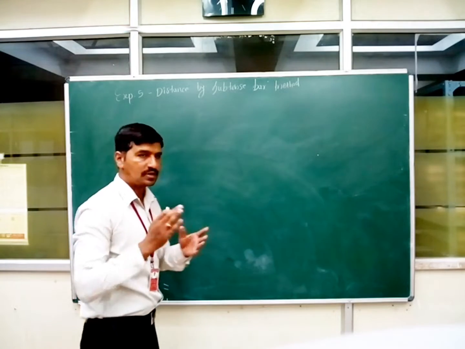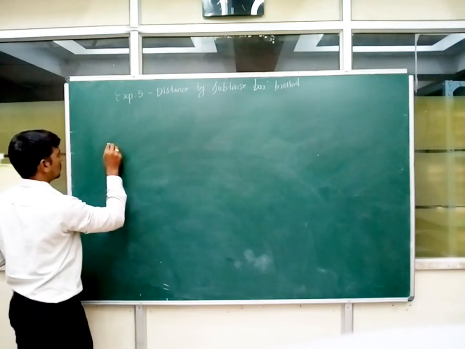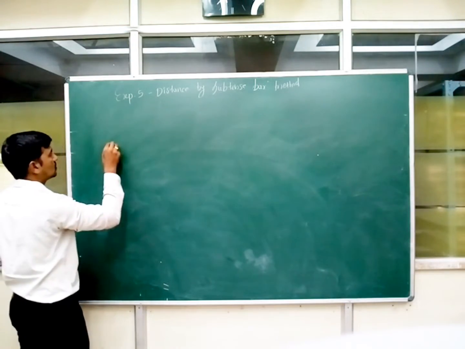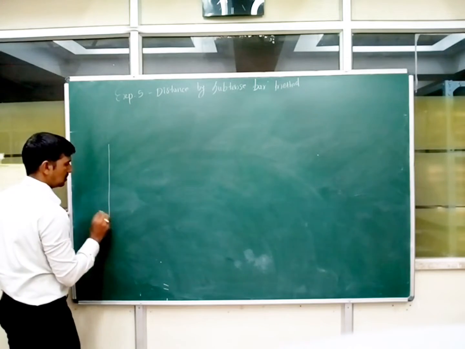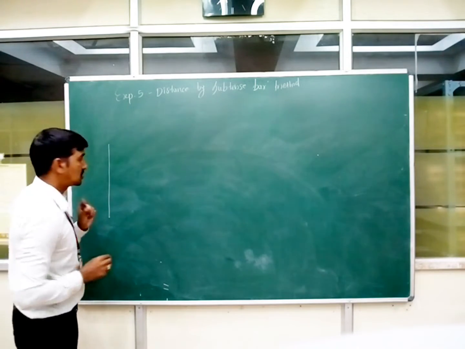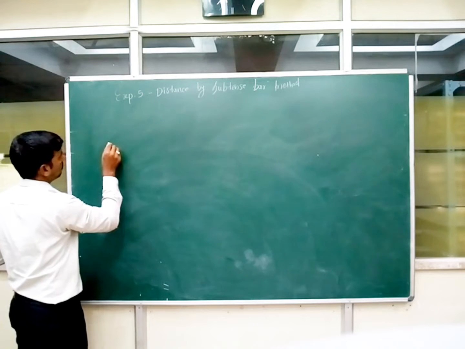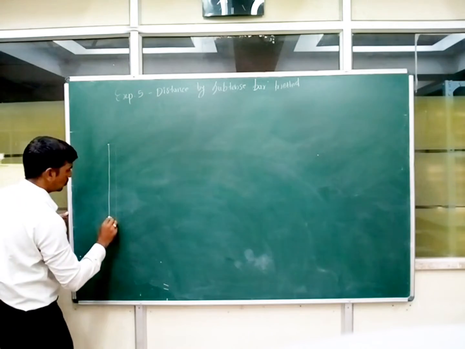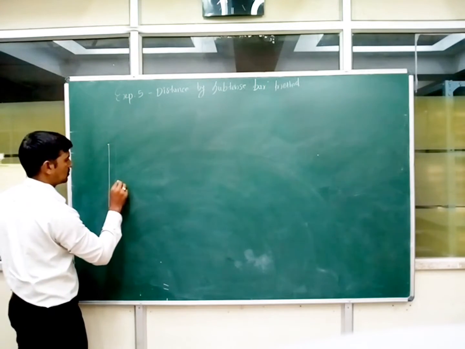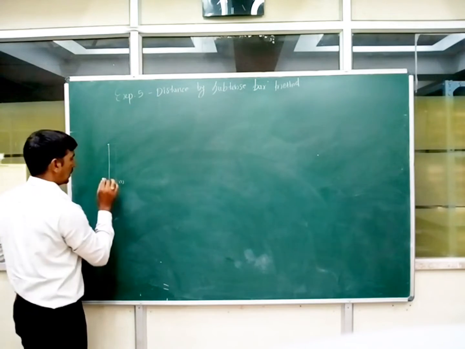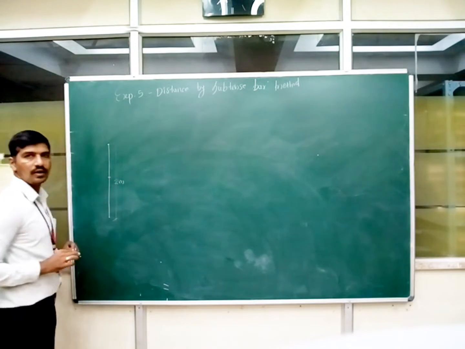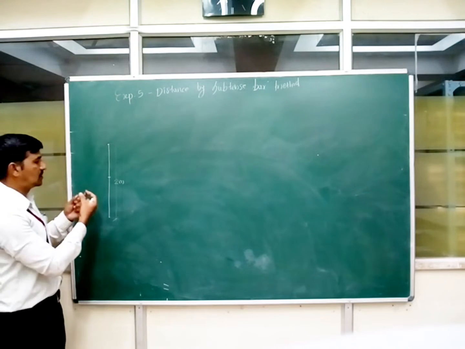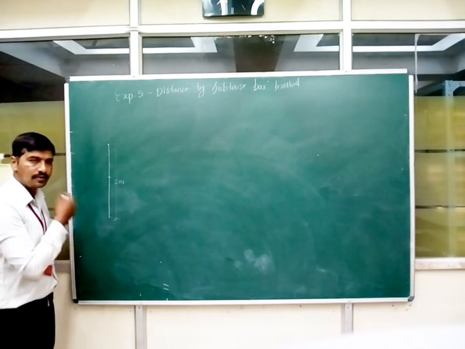Students, the substance bar is an instrument like this, which consists of a square pipe of length, say, 2 meter to 3 meter. Suppose it is 2 meter. At the center we have to keep the stand.